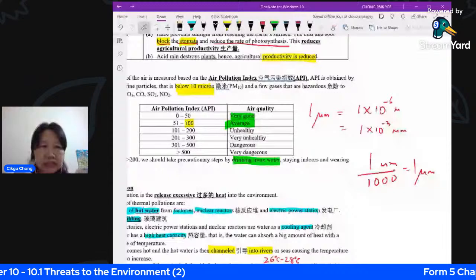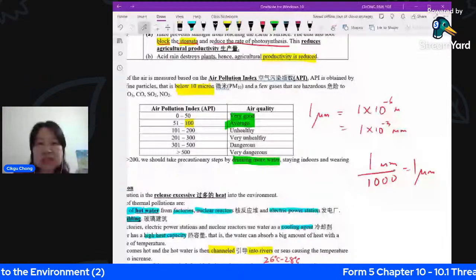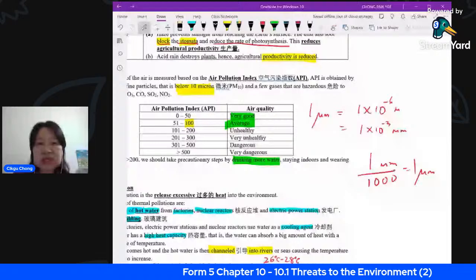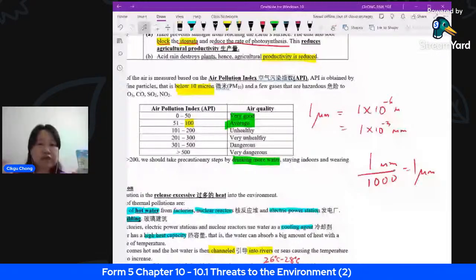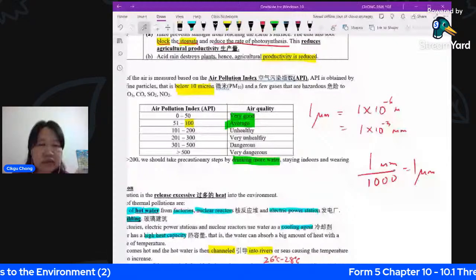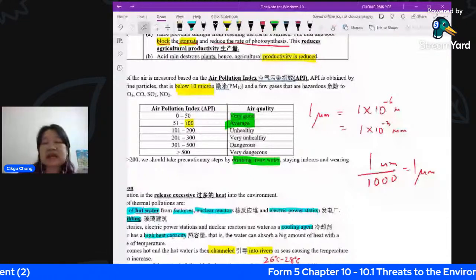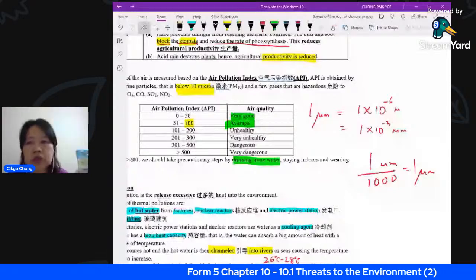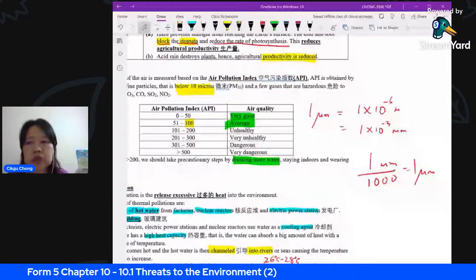Noise pollution is the occurrence of excessive noise in the environment, usually in the city, when you have traffic jams, people honking, and machinery, which constitute a lot of noise. In the country or in the kampong, you will have less noise pollution. So it's not so bad when you go to the countryside to live.